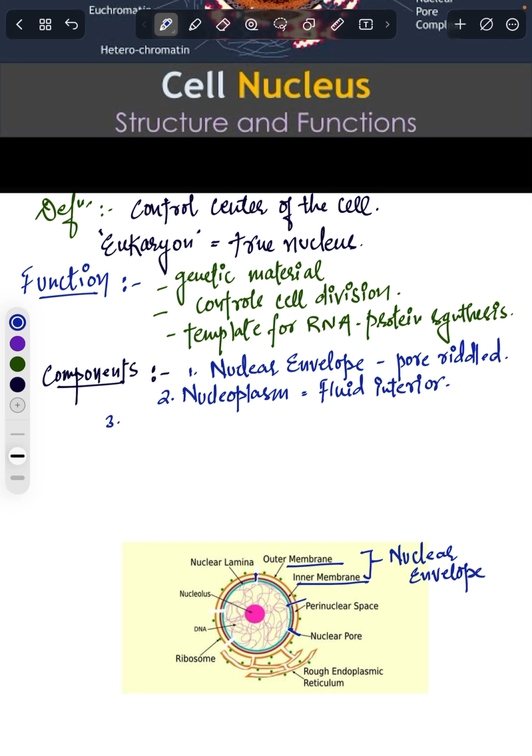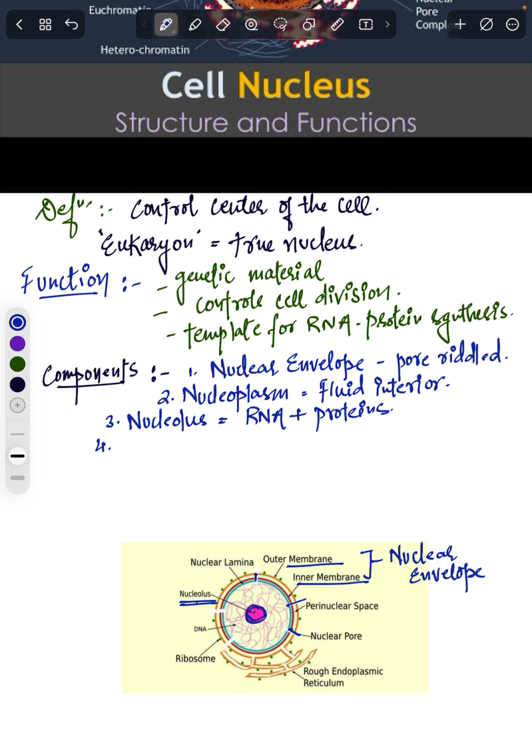Then the third component is nucleolus. Nucleolus is a dense cluster of RNA and proteins, meaning it is made up of RNA plus proteins. So here you can see the nucleolus present in the middle of the nucleus and it comprises RNA and proteins.